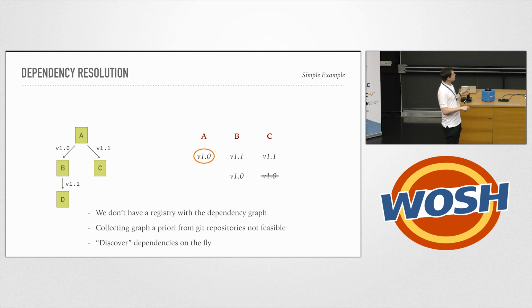Then we go in and cross out all the versions which are not compatible. So C is specified as needing at least version 1.1 to be compatible. So version 1.0 already is off the table, so we cross that out. And then we pick the best available version of the packages. Then we go ahead and add in the next layer of dependencies.